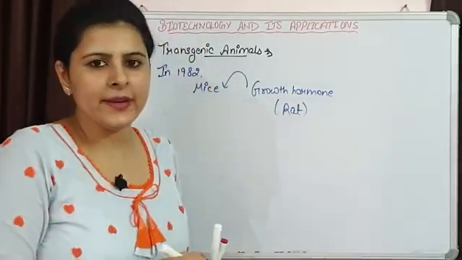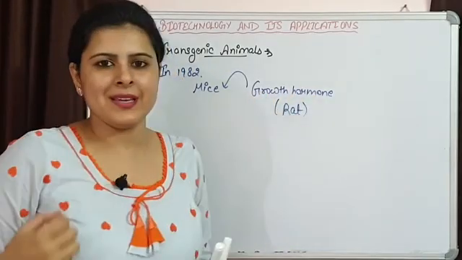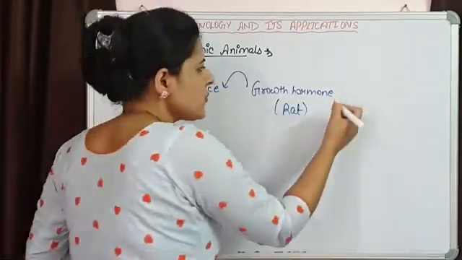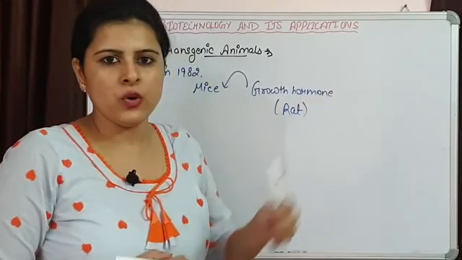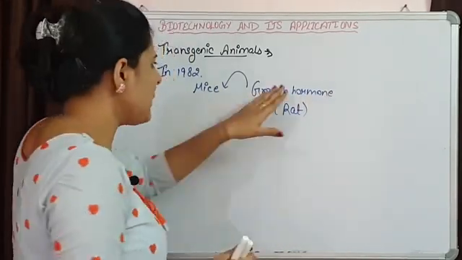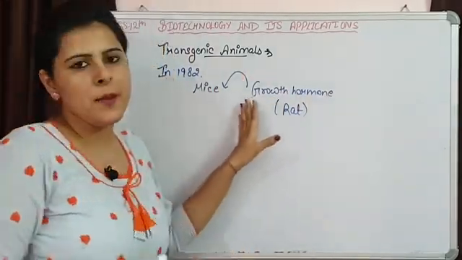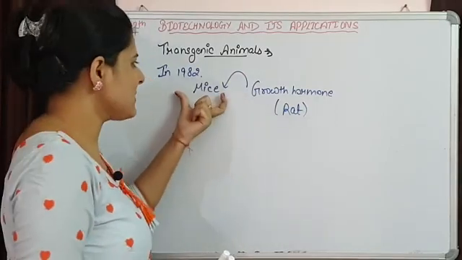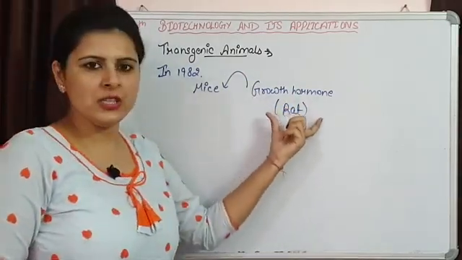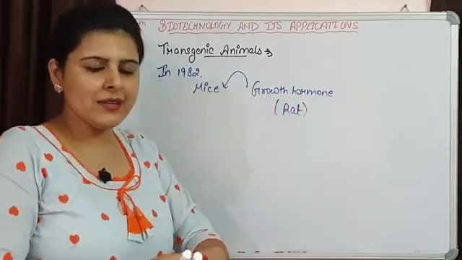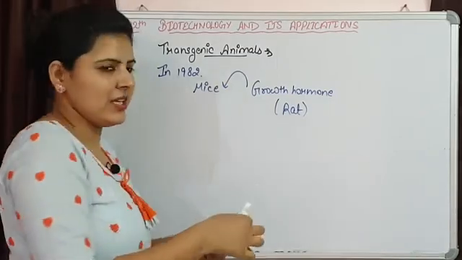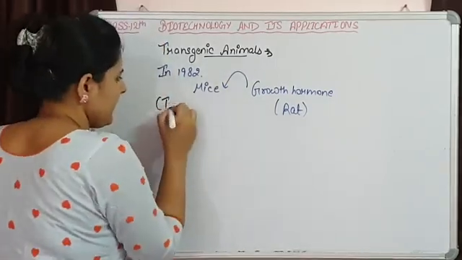From a rat, the gene responsible for growth hormone was taken out, and it was inserted in the mouse. Now, this mouse has a foreign gene taken from a rat, that is why this is a transgenic mouse.